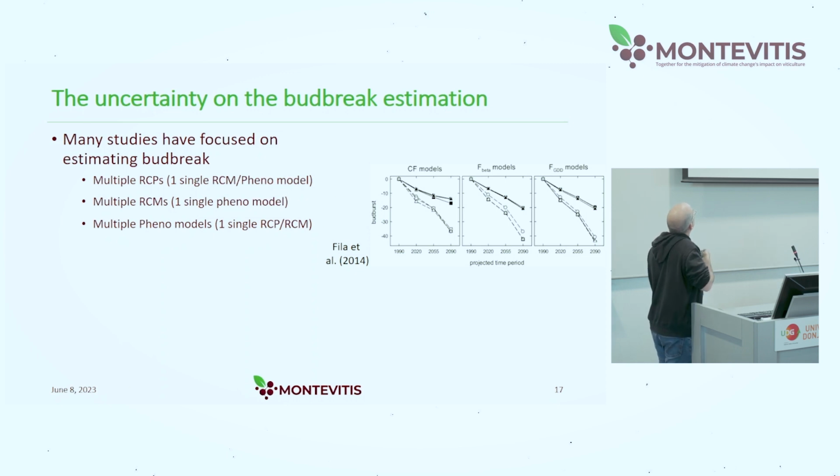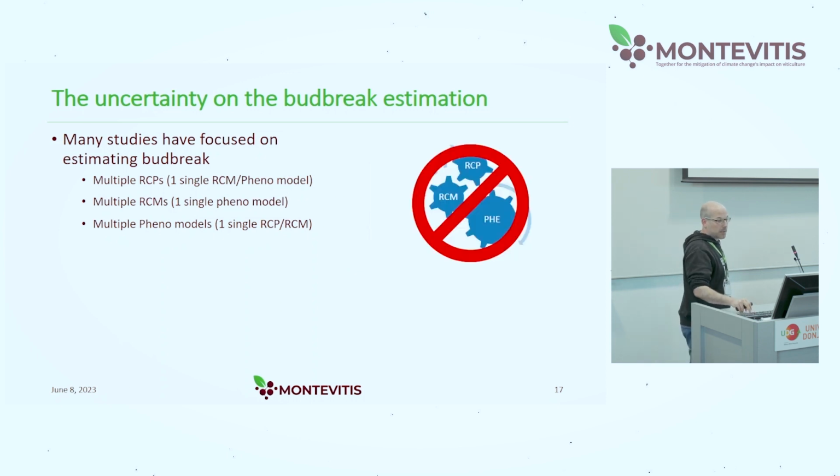There is another one in which they use only one single future climate model, but consider multiple phenological models, like Phil et al. in 2014. But we didn't find any study that mixed the three of them.